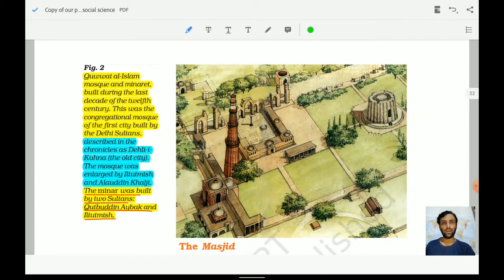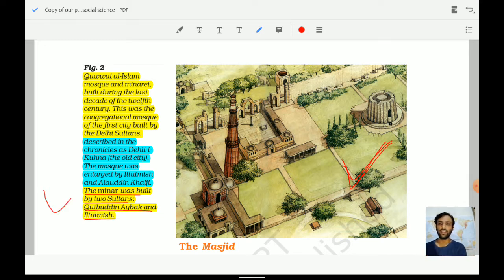Then this particular map here. There are 2 to 3 very important art and architecture related constructions that have been done. At the left hand side, it has given the detail of those art and architecture, so let us understand and read. Quwwat al-Islam Mosque and Minaret, built during the last decade of the 12th century.